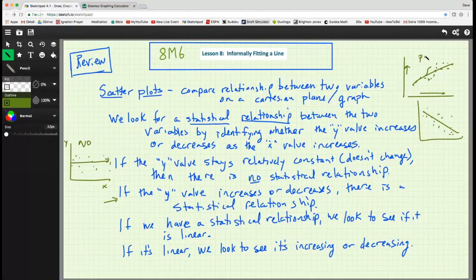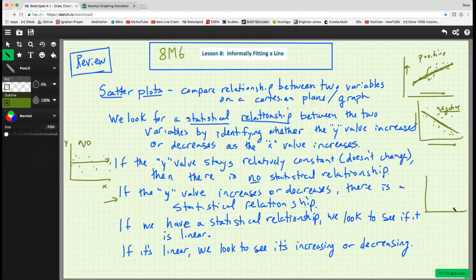So this is a positive relationship. And in this case, as x gets bigger, y gets smaller, so here we have a negative relationship. The other thing we look for is whether it's linear or not. In this case, it's probably linear. In this case, it's probably linear.